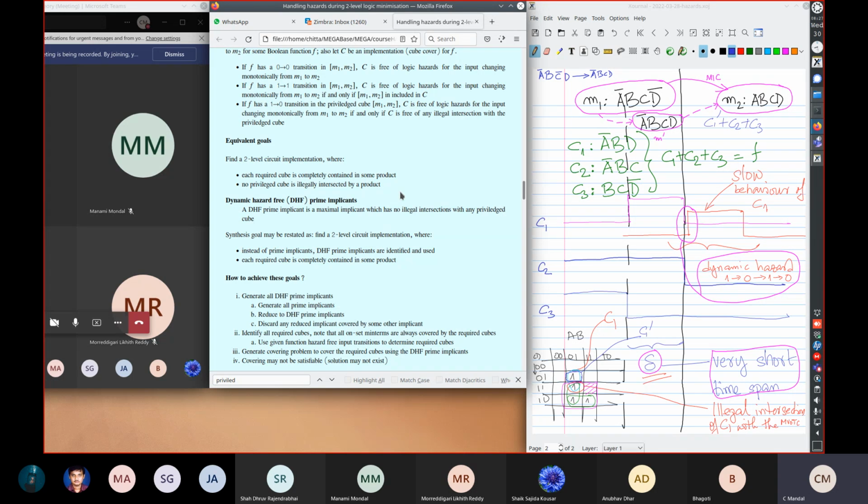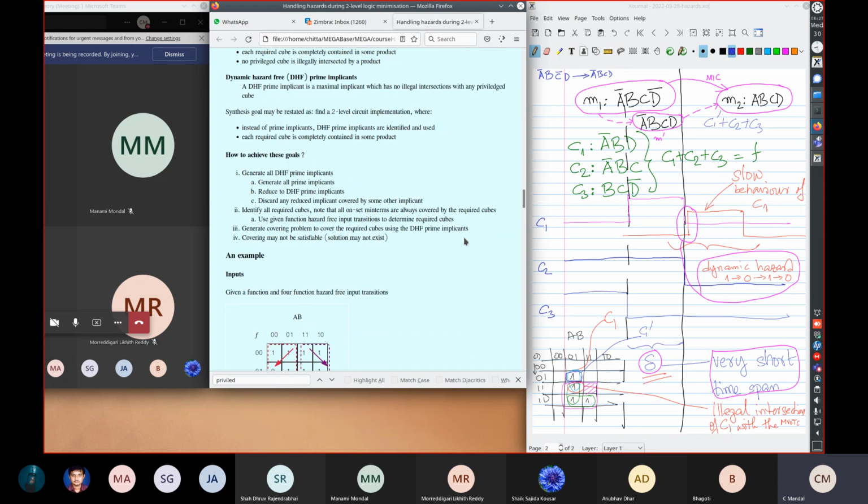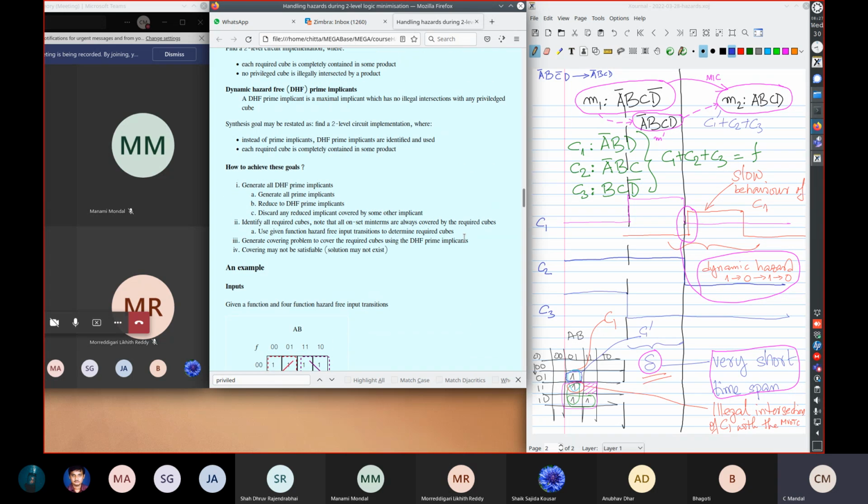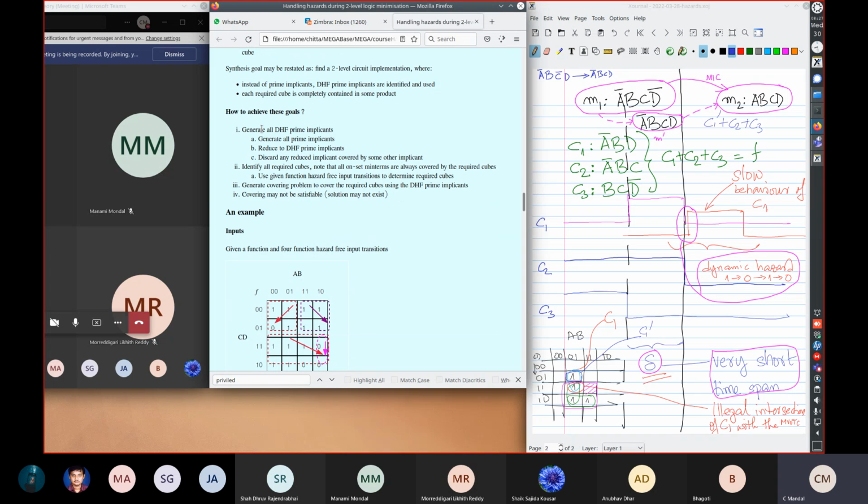So we have the concept of a dynamic hazard-free prime implicant. A dynamic hazard-free prime implicant is just a prime implicant which may have been pruned to avoid illegal intersections. Those are dynamic hazard-free prime implicants. So the steps are as follows. You want to generate all the DHF prime implicants.